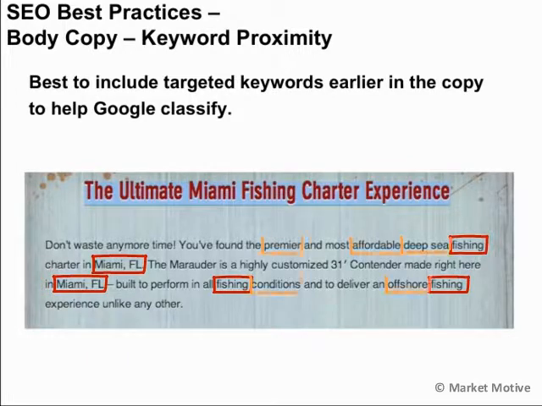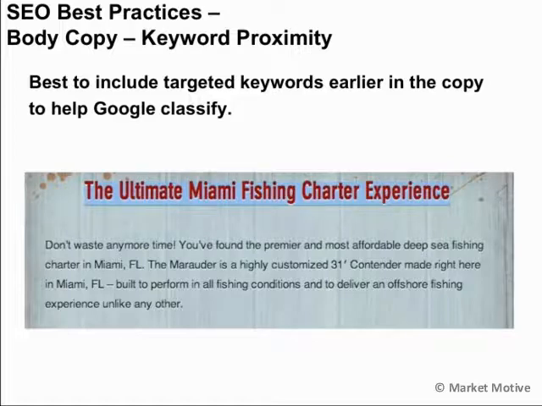But the surrounding synonyms and terms are going to be probably as important or more than keeping it at the front. But the idea that you need to have the keywords at the front is called and identified as keyword proximity. The keyword proximity to the front of the article. Does this have a huge significant effect? Not really, but it's an important concept to address because people do discuss it with regards to SEO.